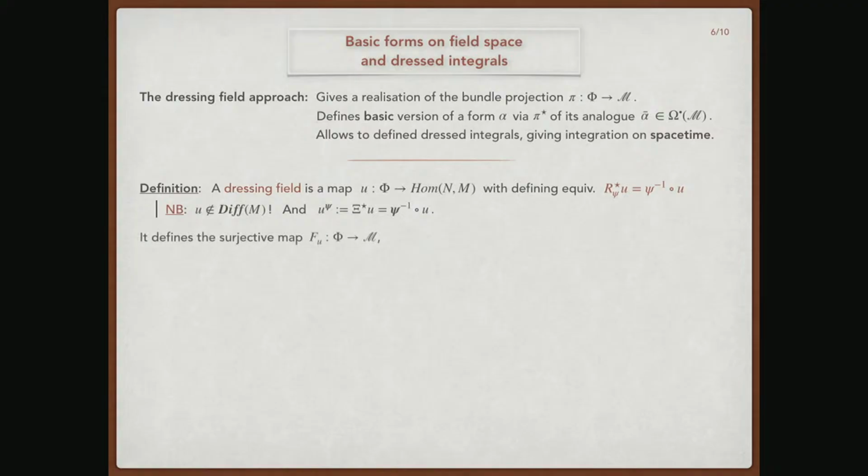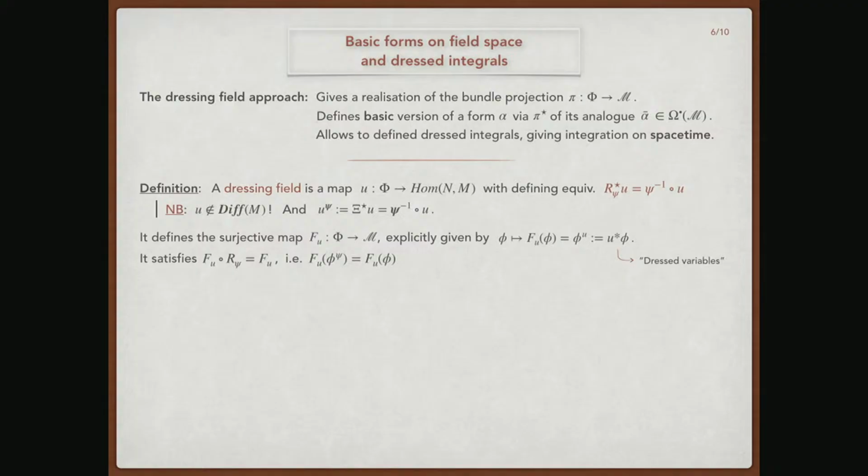And if you have such an object, it allows you to define a surjective map from the field space onto the moduli space, explicitly given by the following formula. I take my field, and I map it to phi^u, which is just the pullback of phi through that map u. These we call the dressed variables, and they are by construction diffeo invariant, meaning they commute with the right action, or rather they annihilate the right action of the bundle, right?